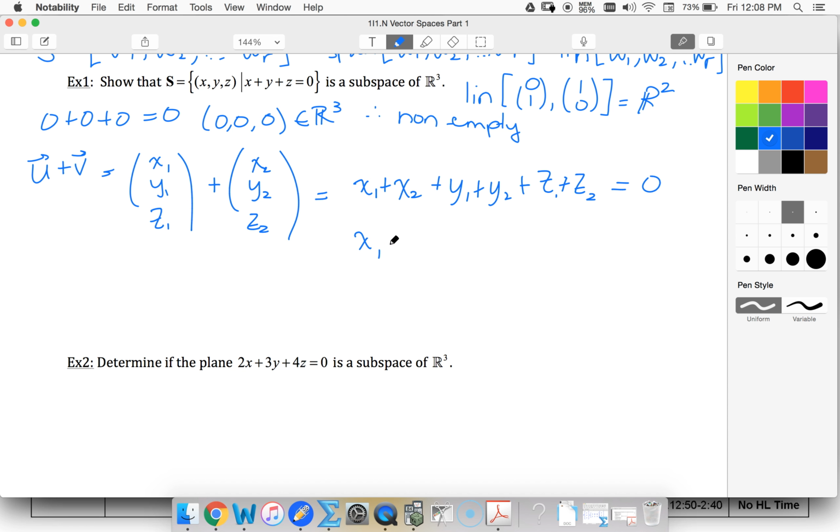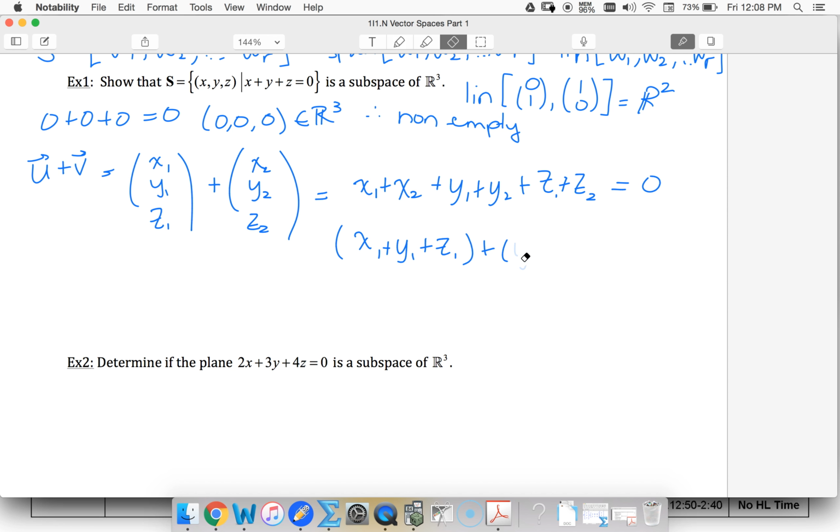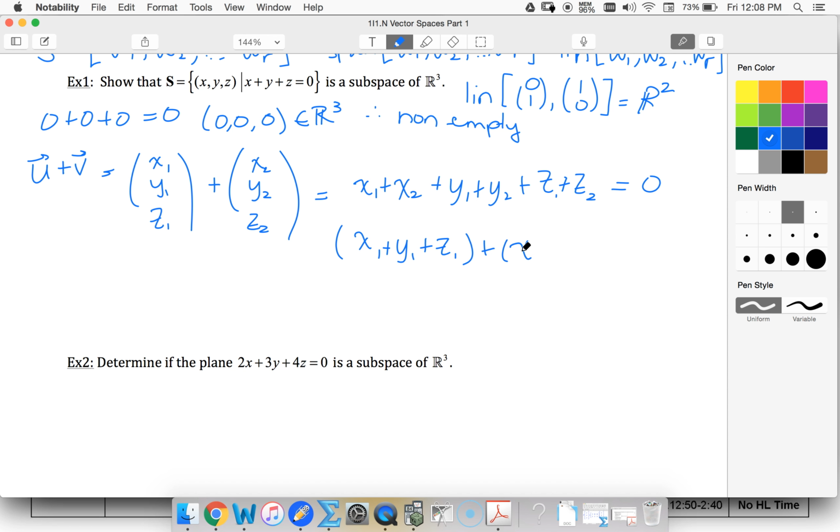Well, we know x1, y1, z1 and x2, y2, z2 are going to be equal to 0 because those are elements of our original subspace. So this is also true because 0 plus 0 would be 0.